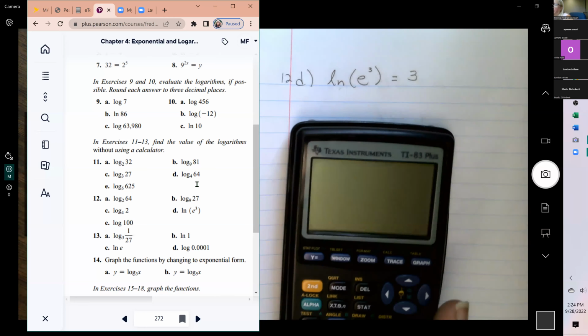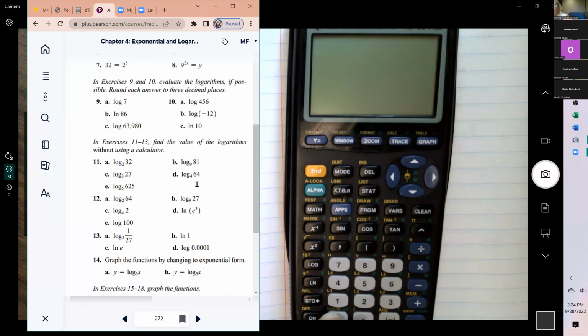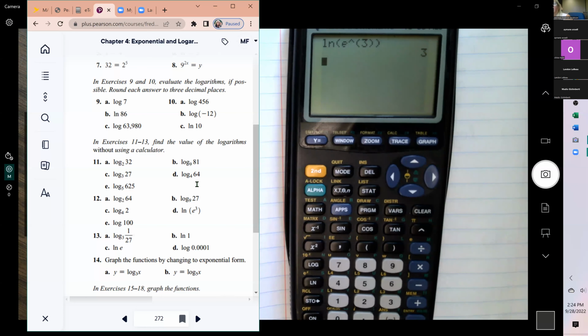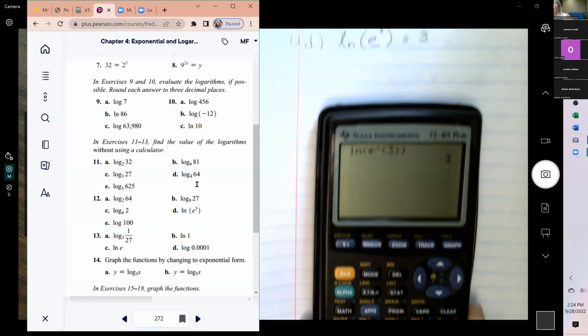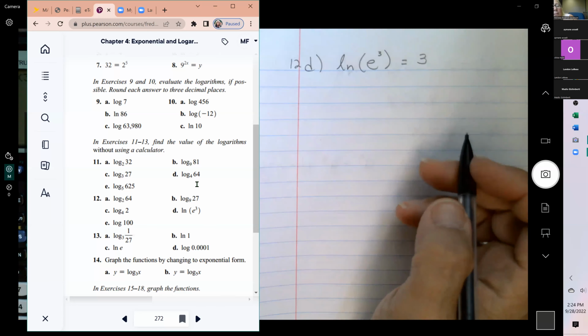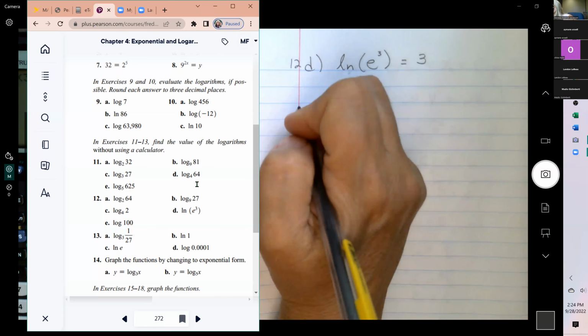If we plug that into our calculator, ln's right here. And then for the exponential, it will always be with it. E to the x. So I hit second and the ln button and then put my 3. Close my parentheses. So think of them as canceling. Oh, 13's a good one. 13A.